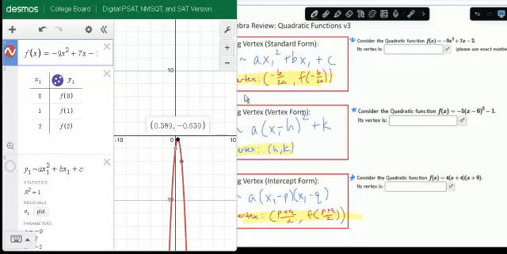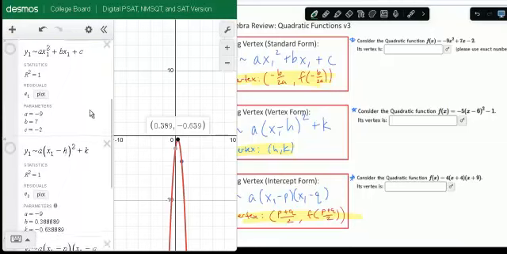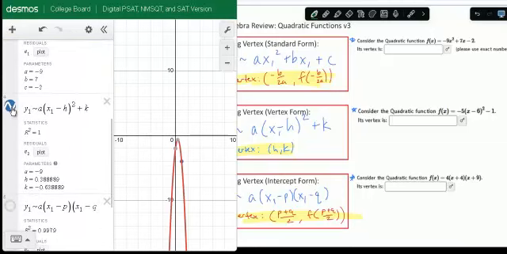But if I want to find the vertex based on this, I'm going to go to my vertex form, which is this form right here. And if I do that, what I can see is my h and k values.